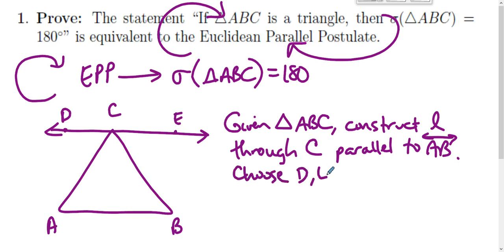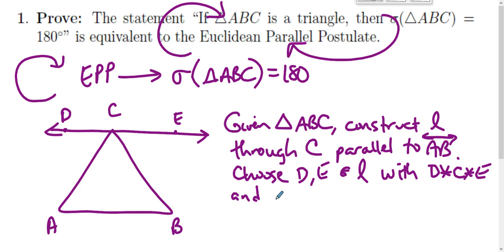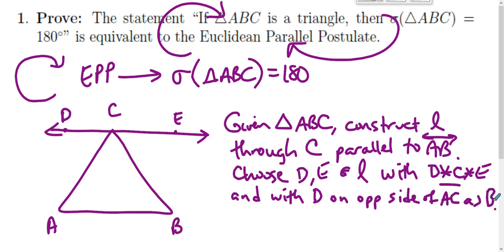Choose D and E on L on either side of C, with D on the opposite side of AC as B. I want the picture to look like this.